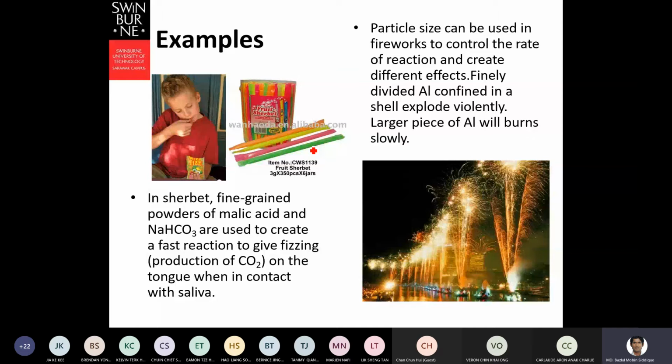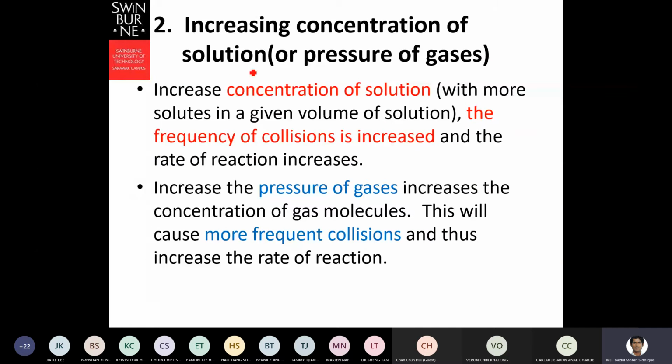Okay, sorry, the better the reaction and the faster the reaction will occur. If the particles are larger or bigger, it will burn slowly, and sometimes it will not even burn completely. So particle size is important in that way.